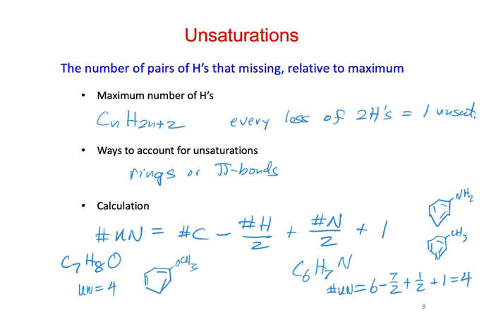So I think that calculating the unsaturations is just one more piece of information for our puzzle. And if you can immediately say there's likely a benzene ring or something like that in it, then I think it's wise to use whatever information you have available.